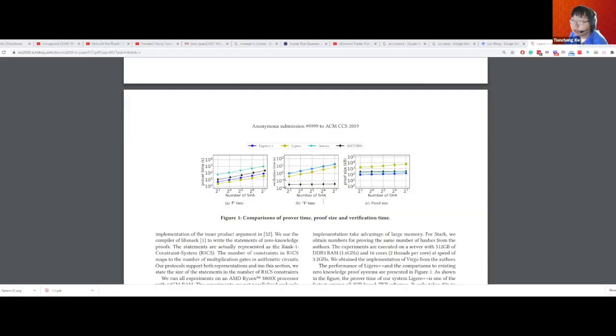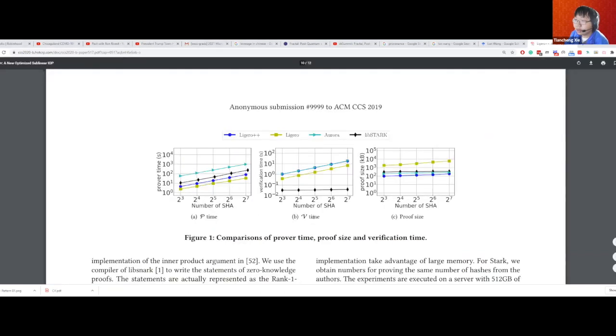First I stop the sharing. Let me share another screen. Can you see it? Mm-hmm. Yeah, there is the verification time. It's slightly larger than Ligero still, because the verifier has to engage the inner product protocol. And it's similar to Aurora, actually. Okay.